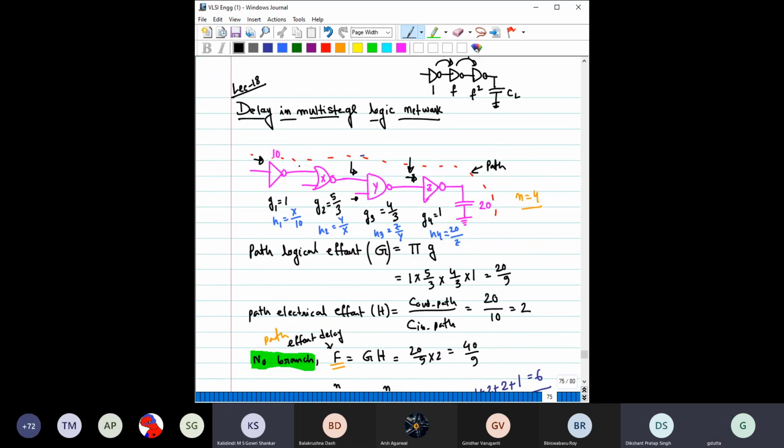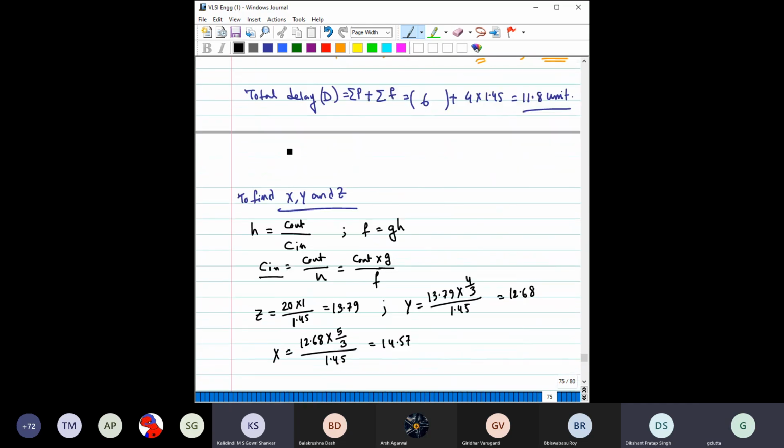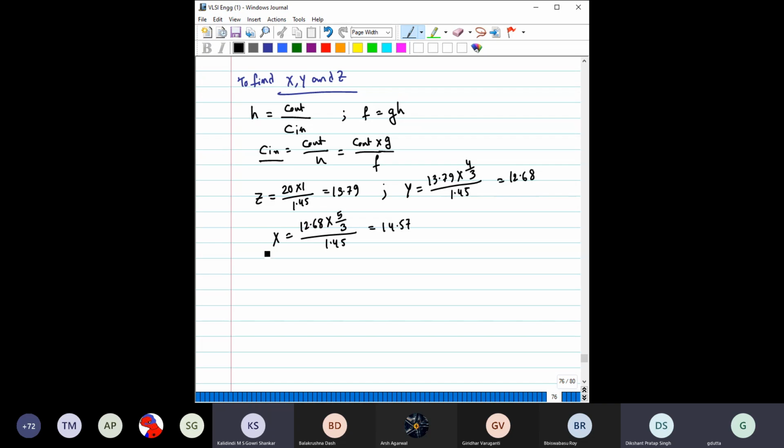Okay, let us now, just for verification, do one more thing. We know the capacitance for this. Now this inverter is driving the output node capacitance, right? Even though the size is mentioned here, let us calculate and see whether it matches 10 or not. So let us find the size of the first inverter.